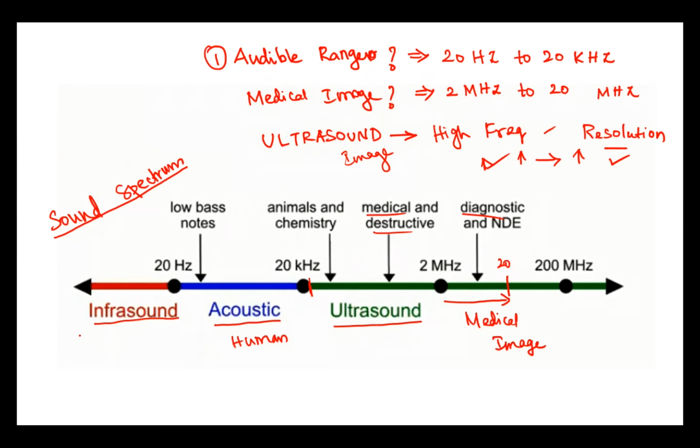Insects, bats, elephants, animals like even dogs, dolphins. Those animals and insects use infrasound to navigate. Okay, so fine, this is about the sound spectrum.